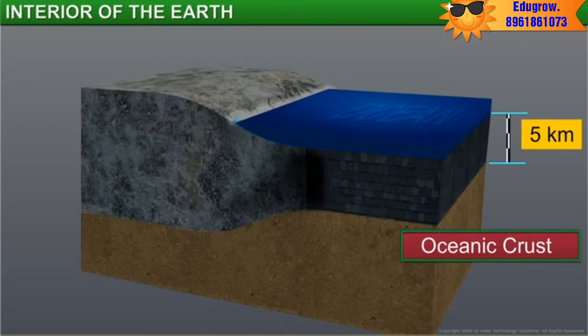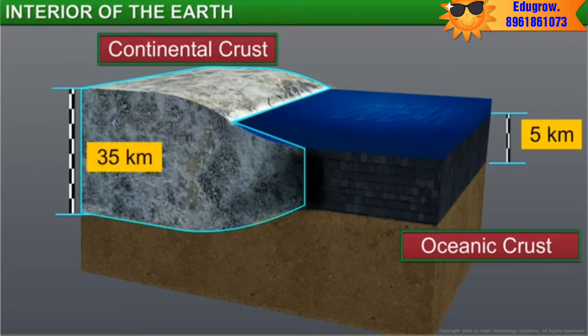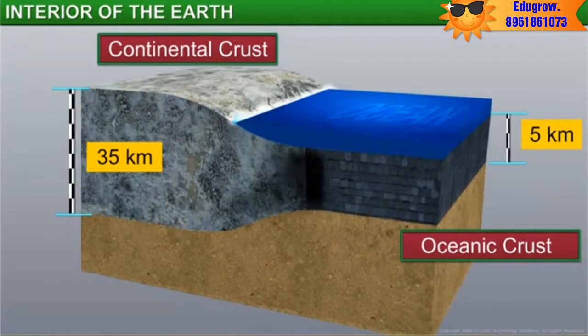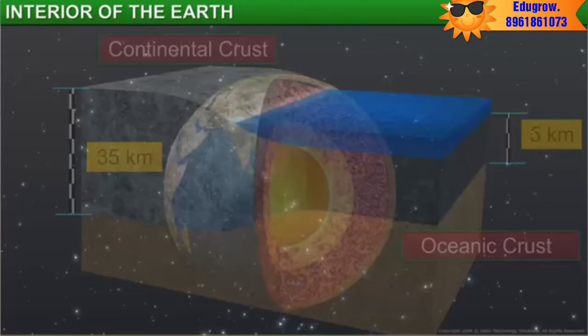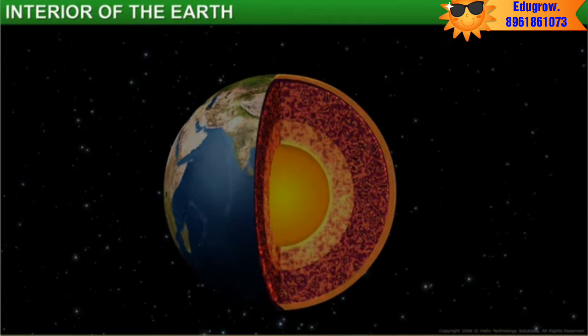On the other hand, the continental crust can be as thick as 35 kilometers. However, considering the Earth's size, the crust is quite thin.